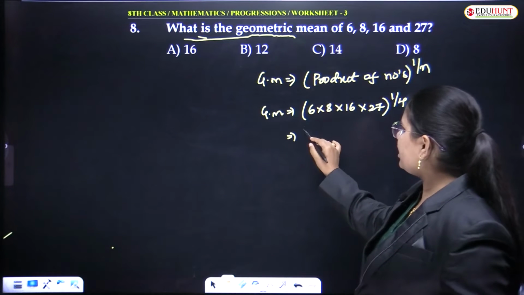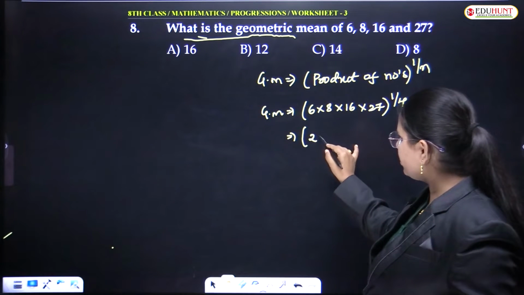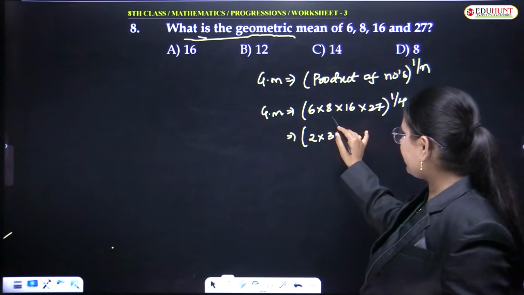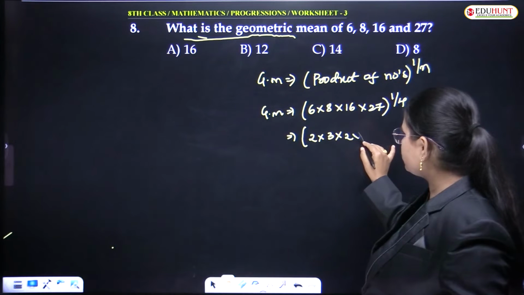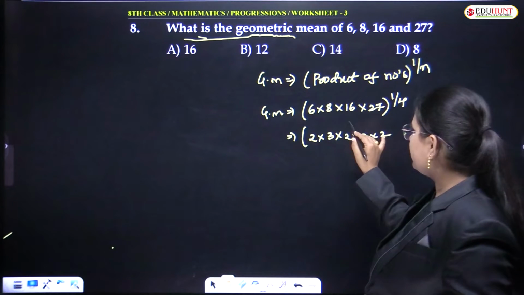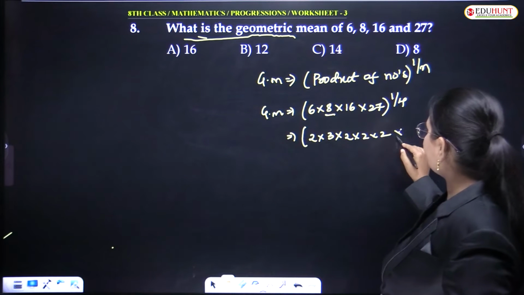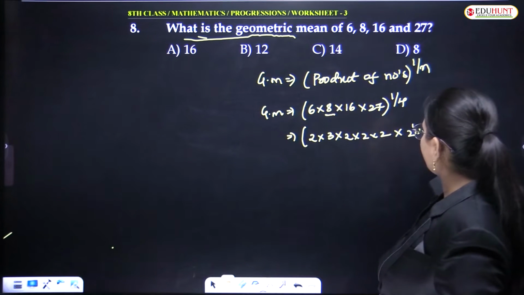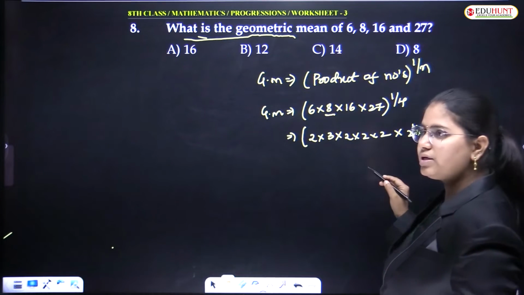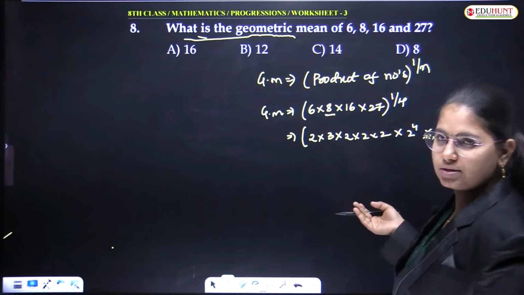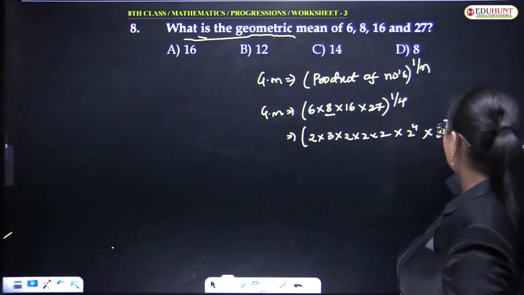So, 6 can be further expressed as 2 into 3, and 8 as 2 into 2 into 2, since 2 cube is 8. 16 is 2 power 4, and 27 is 3 cube, all to the power of 1 by 4.